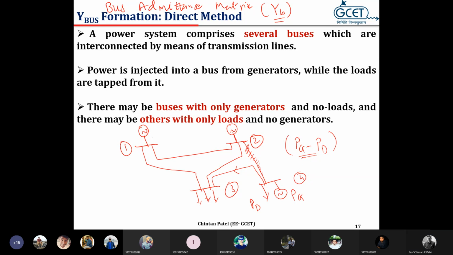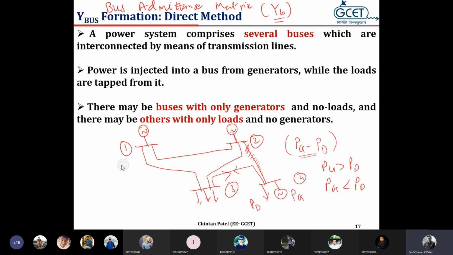And if PG is greater than PD, then the power will flow from 4 to 3. But if PG is less than PD, then power will flow from 3 to 4. So this balance, PG minus PD, is very important.